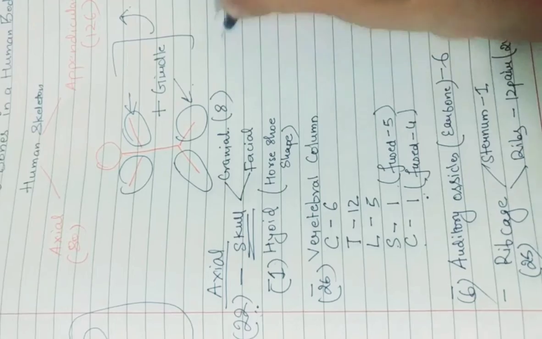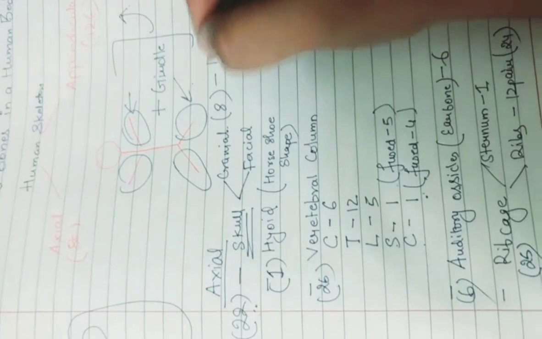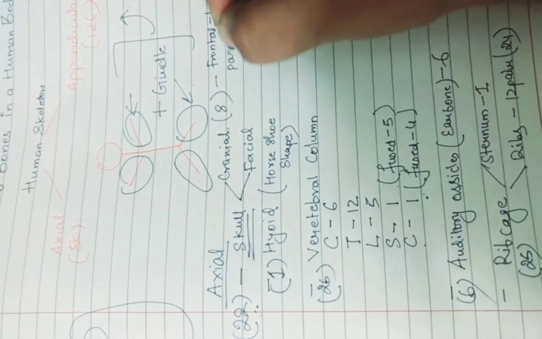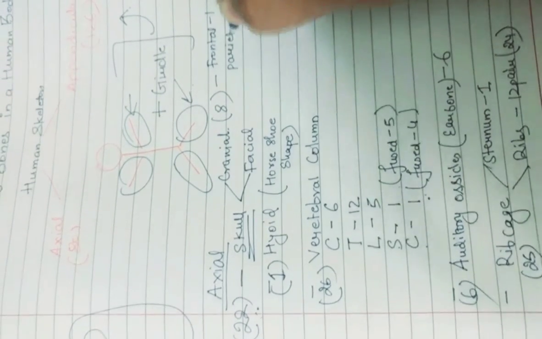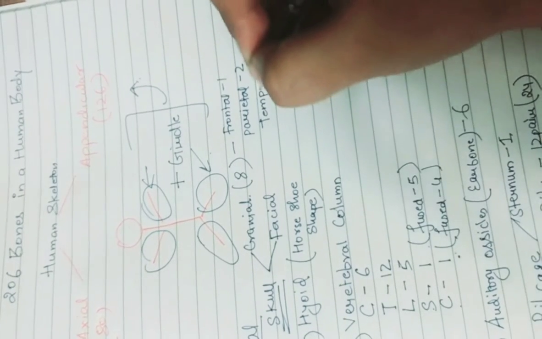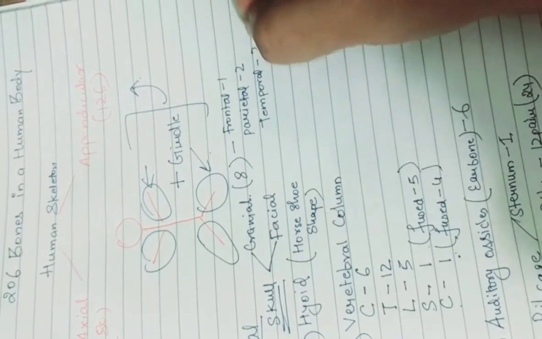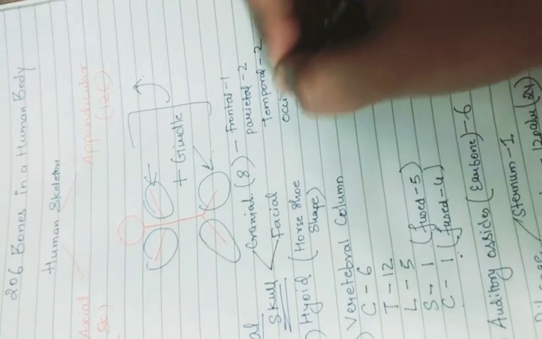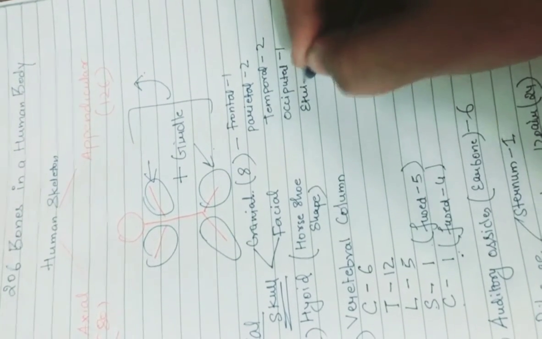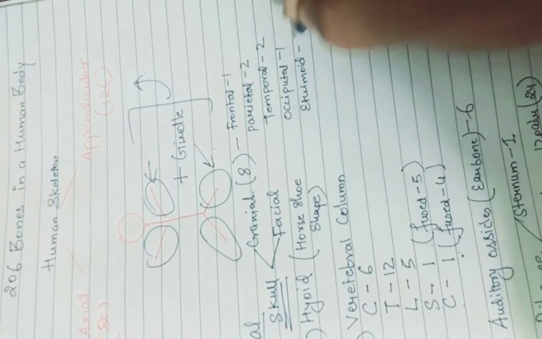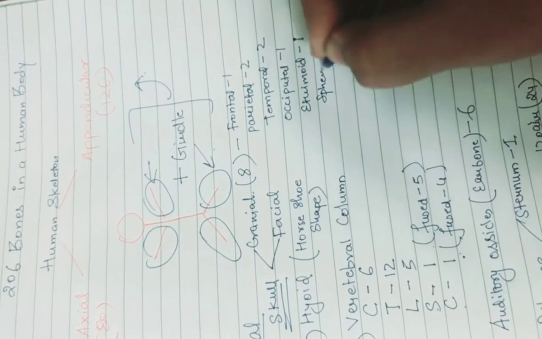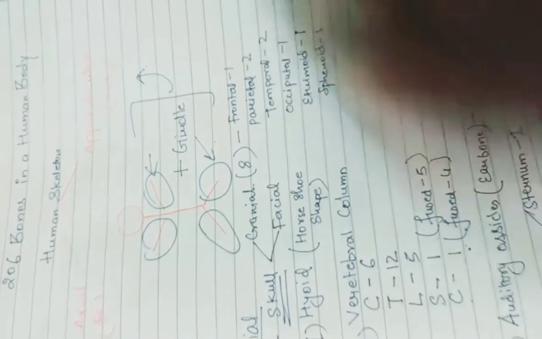Then you have your frontal, that is 1, parietal, that is 2, temporal, that is 2 again, occipital, that is 1, ethmoid, that is 1, sphenoid, that is 1.